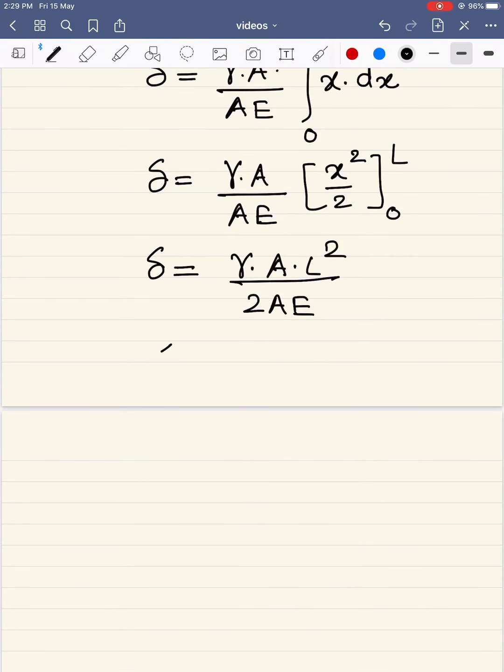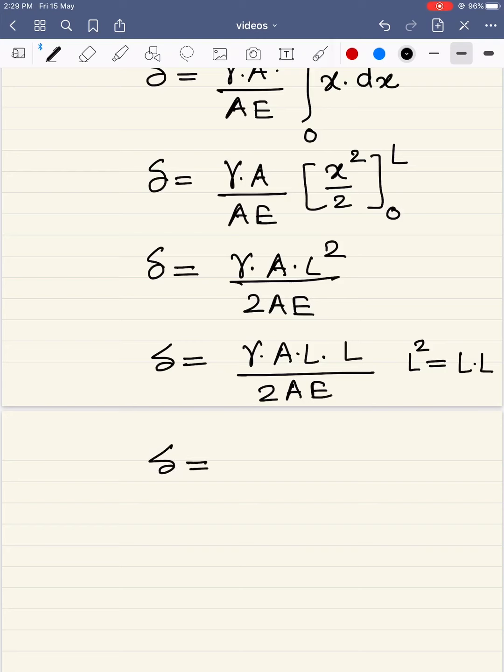Now here we will write this delta in another form, gamma into A into L into L divided by 2AE. In this step, we split L square into L into L. Now, we know that A into L, the area into length of the member, is nothing but the volume V of the prismatic bar.